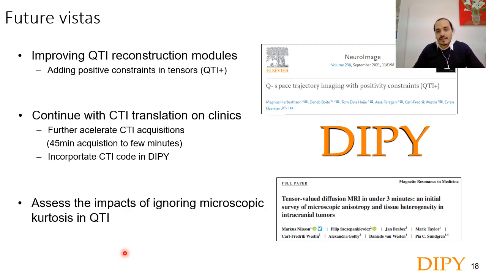Another interesting thing that we should do is to use CTI to try to assess the impacts of ignoring microscopic kurtosis in QTI frameworks. And this can be very, very useful. Why? Because if we can calibrate the QTI measurements to be insensitive to microscopic kurtosis, or even try to incorporate it, this could provide a much faster strategy than CTI.